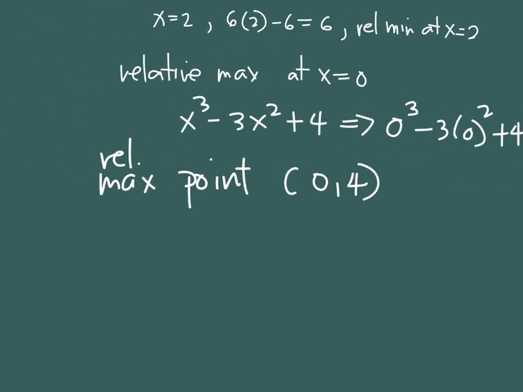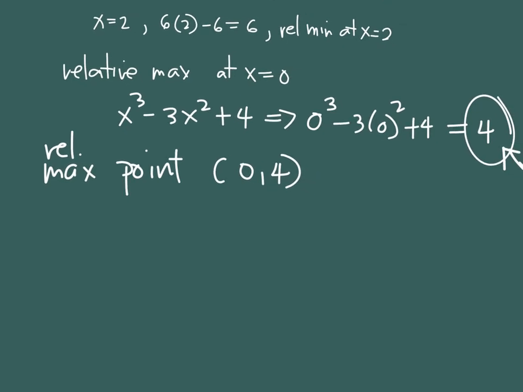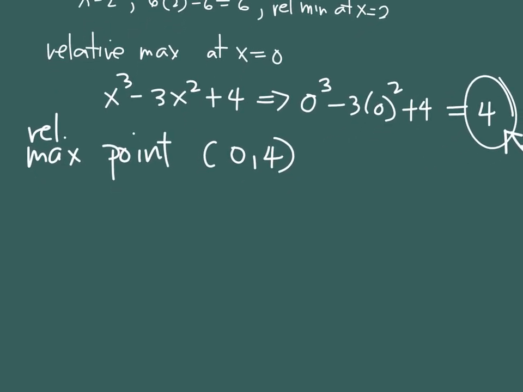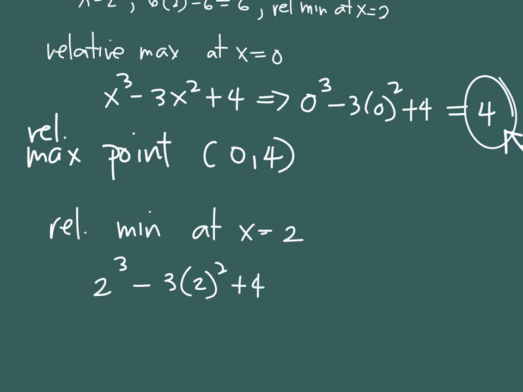Then, when x is equal to positive 2, so relative min at x equals 2, that means 2 cubed minus 3 times 2 squared plus 4. This will be equal to, is it 0? That's 8 minus 12 plus 4.